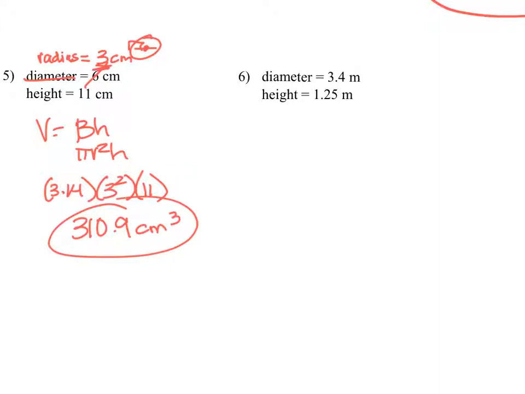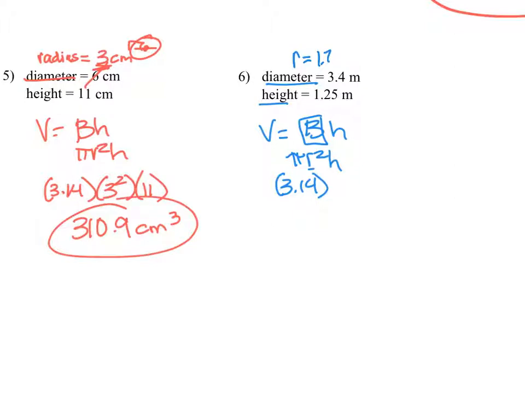And the last one, number 6, they give me the diameter and the height. So I need my formula: area of the base times height. Remember, that's pi r squared times height. When I go to plug this in, I need my radius. They gave me my diameter, but I need the radius, so I need half of that. I divided by 2, and it gave me 1.7.